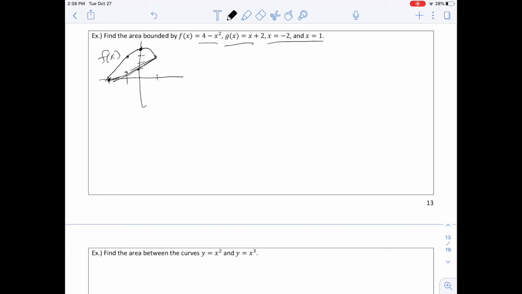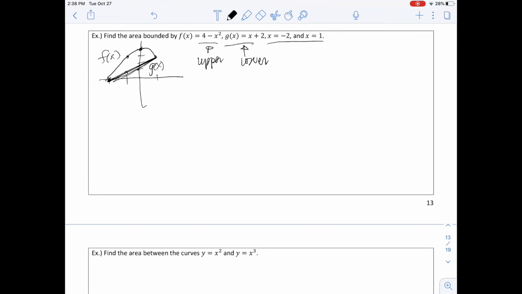So we have our straight line right here. This is going to be g of x. Go ahead and label that. So this is my upper function, and this one is my lower, on the interval. And again, we're only talking about the interval from -2 to 1.